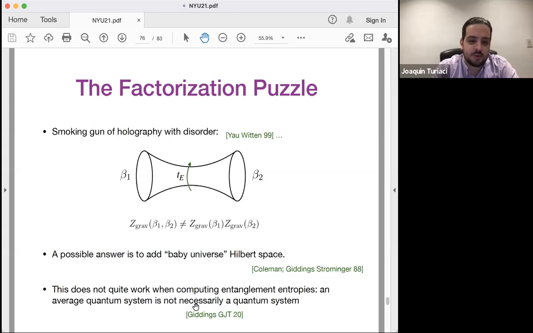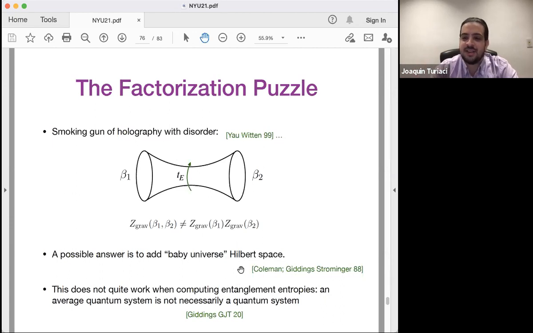But just to mention, in a paper from last year, and these are new things, so some people agree, some people don't, with Giddings, we try to make the point that when you compute entanglement entropies, this baby universe Hilbert space story does not quite work. And our conclusion in one sentence maybe is that an average over quantum systems is not a quantum system.